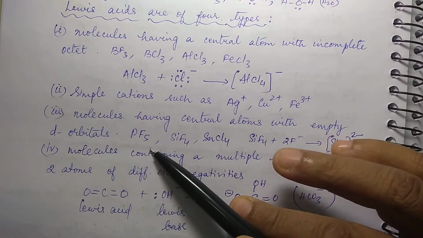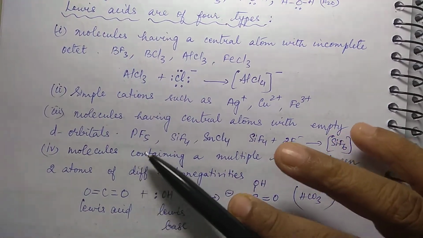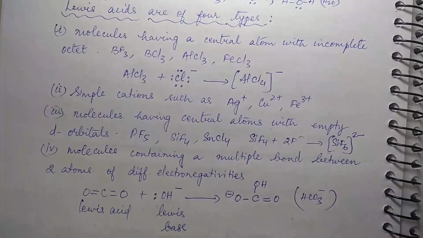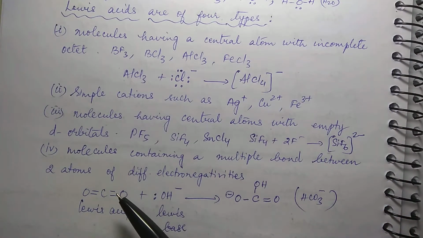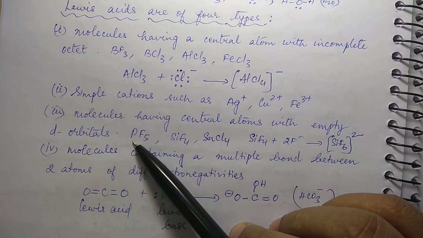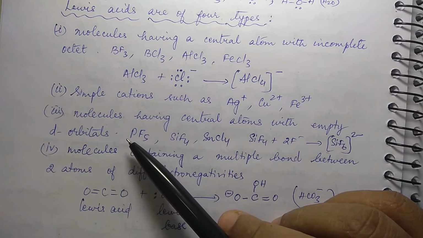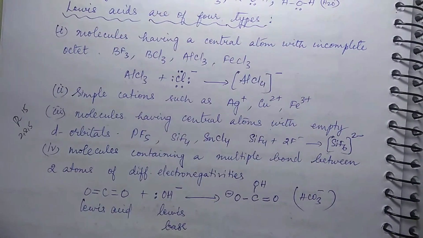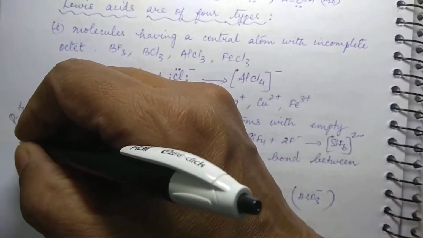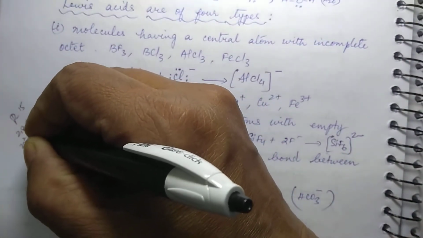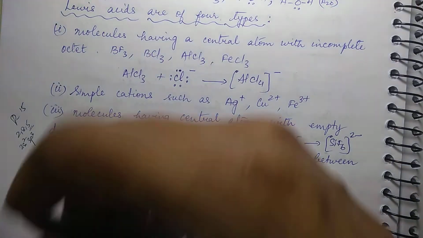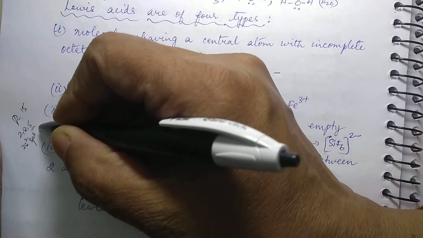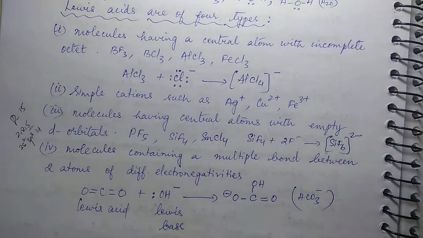like PF5, phosphorus pentafluoride, or phosphorus pentachloride. Now you will have phosphorus as the central atom. Its atomic number is 15. Configuration is 2, 8, 5. Now this 5 is 3s2 3p3. Third shell, if it is there, so 3d should also be there, but in 3d there is no electron, so 3d is empty.